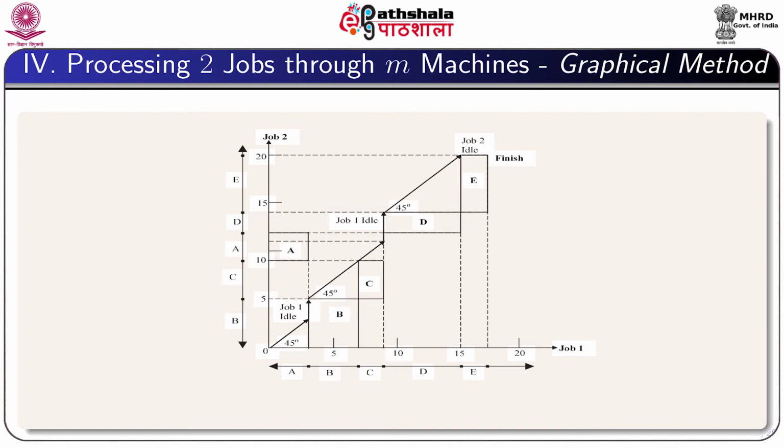In the figure, the horizontal line indicates the processing times for job 1, and on the horizontal line we mark the processing times according to the technological order of jobs A, B, C, D and E. We mark on this line the processing times on machine A, machine B, machine C, machine D and machine E. Similarly, we mark on the vertical line, which indicates the processing times of job 2, according to the sequence B, C, A, D and E. Then we draw the rectangular blocks by pairing the same machines.